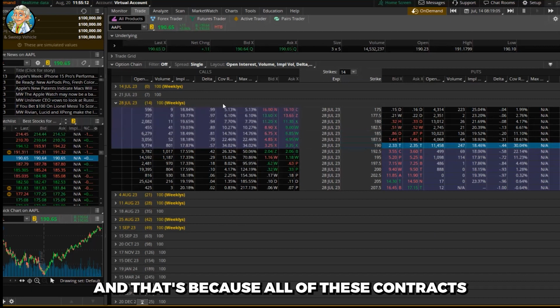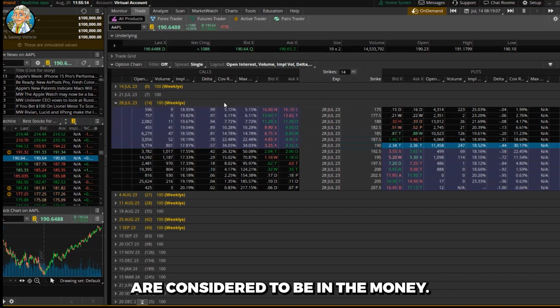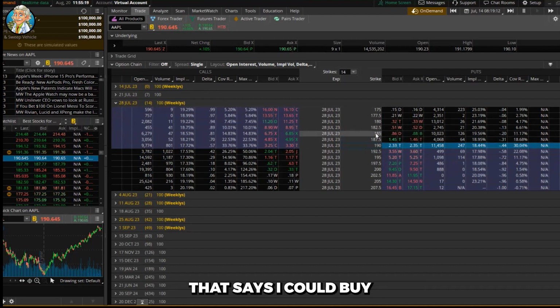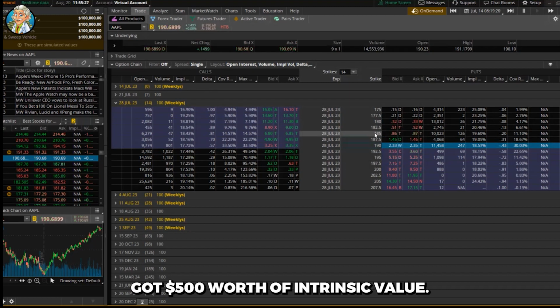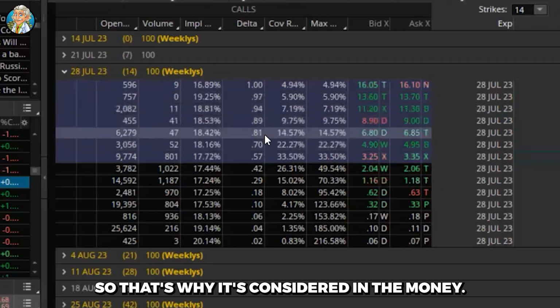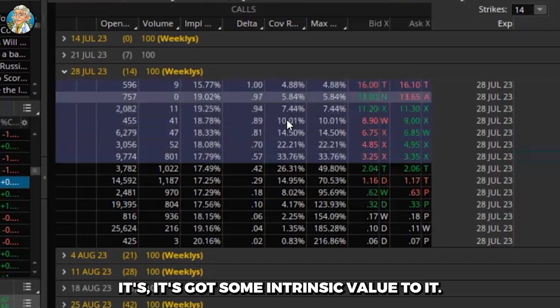And that's because all of these contracts are considered to be in the money. They have intrinsic value, right? If I had a call contract that says I could buy 100 shares of Apple at $185, but it's trading at 190, that call contract's got $500 worth of intrinsic value. So that's why it's considered in the money. It's got some intrinsic value to it.